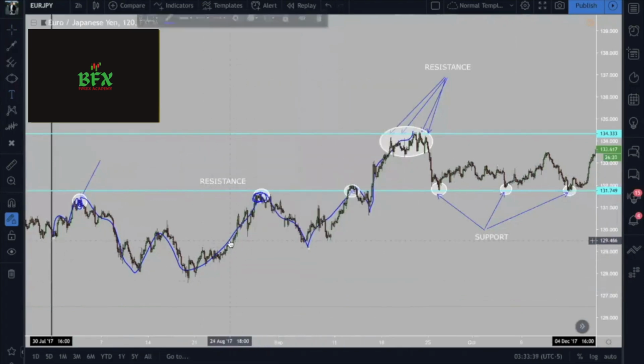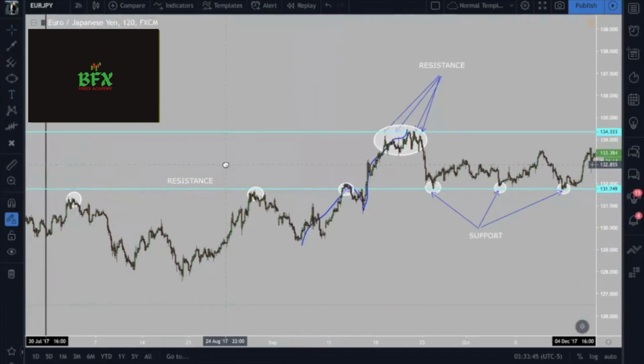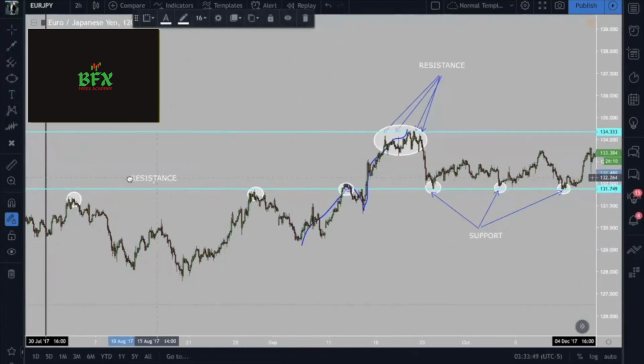Let's get rid of these blue markings here and this arrow. So here we have our first example. What started as a resistance level then became a support level once it was breached, which is why all of these levels are called support and resistance levels.